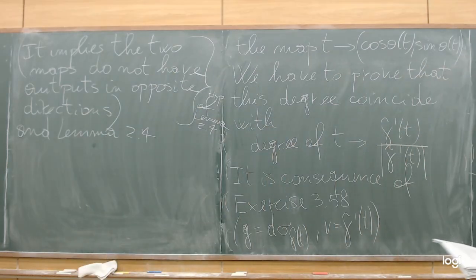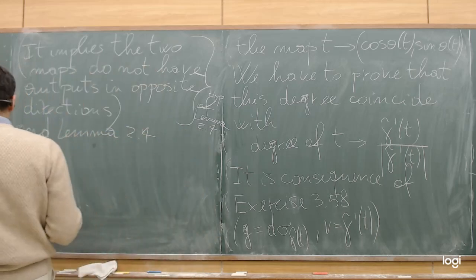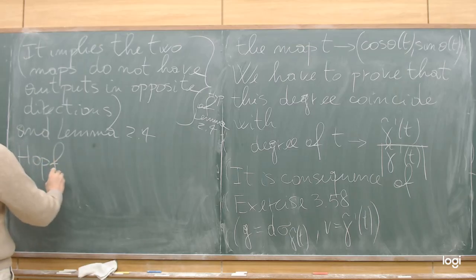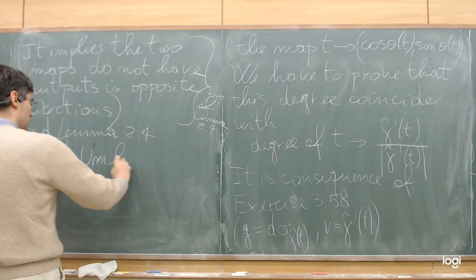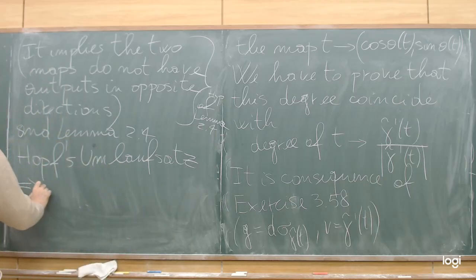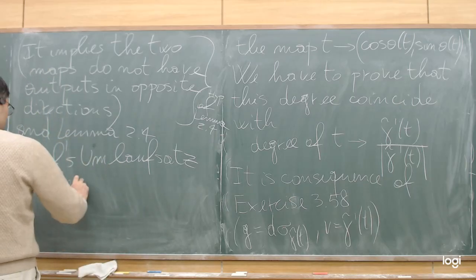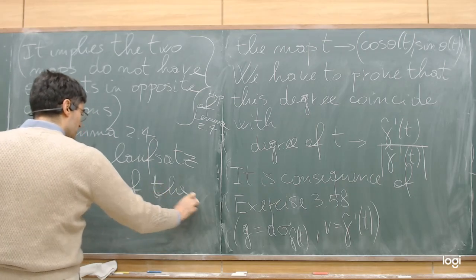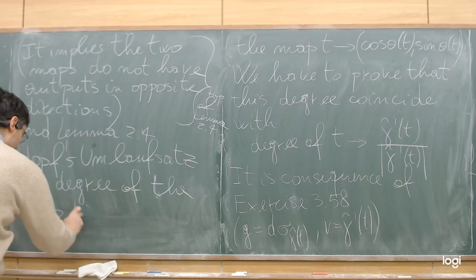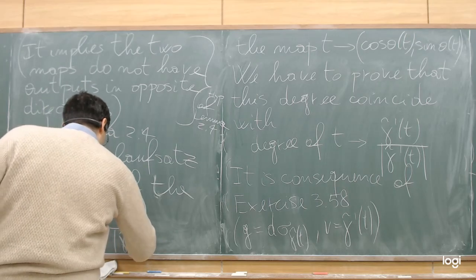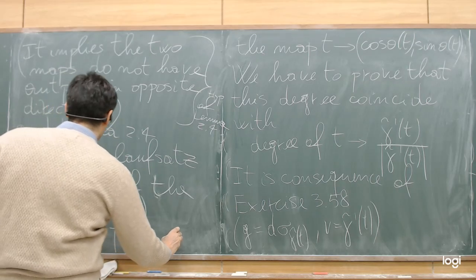And now we have finished it because we have to apply the Hopf Umlaufsatz to get that the degree of the map which sends T to gamma tilde prime T over gamma tilde prime T length is equal to 1.